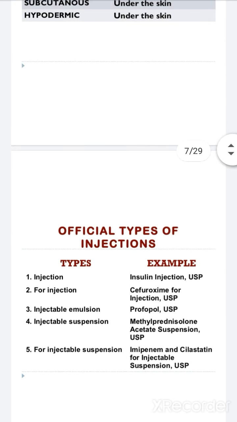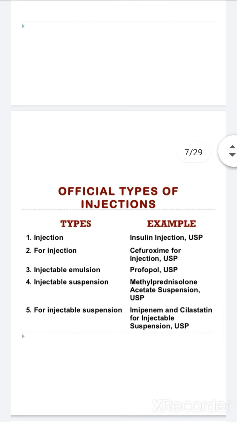Official types of injection. Here are some examples of injections and types of injections. For insulin, if a person is suffering from diabetes, he should take insulin injections, which are an example of injections. Insulin injection, USP means United States Pharmacopoeia, just as we have IP, Indian Pharmacopoeia.